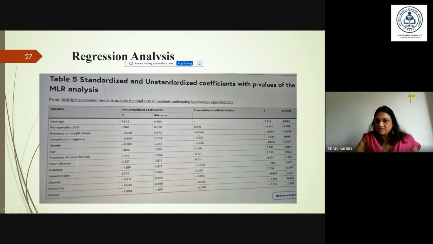When I consider the standardized coefficient beta and change the independent variable by one unit, what change occurs in the dependent variable? At that time, the assumption is that all other variables have a zero mean and a standard deviation of 1.